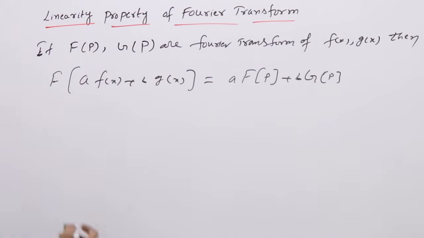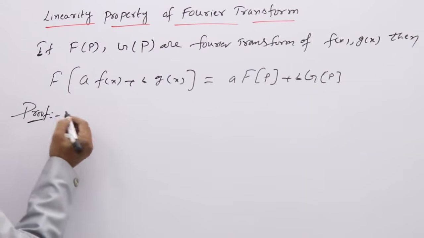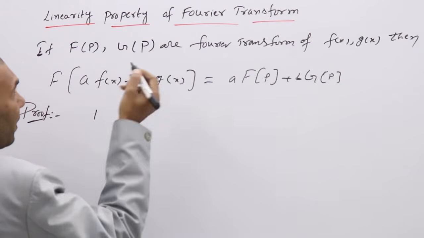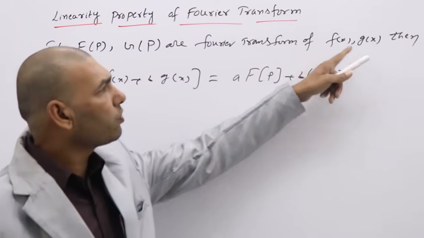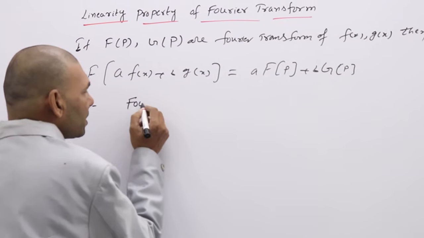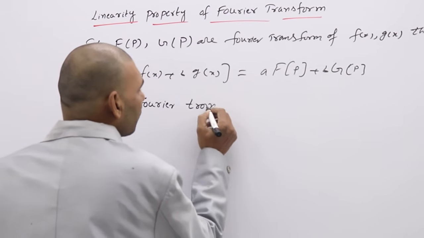This we are going to prove, how we get that property. Given Fourier transform of f of x is F of p, Fourier transform of g of x is G of p. What is the actual Fourier transform of f of x?